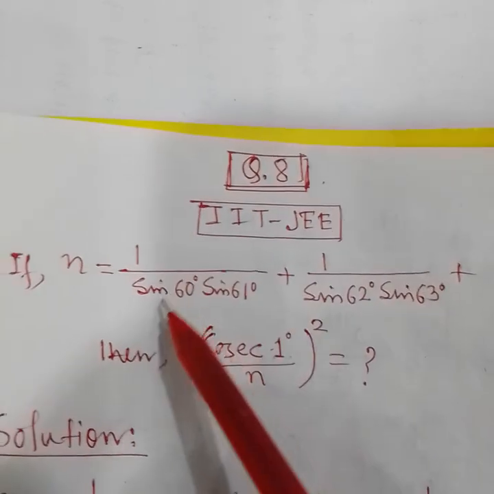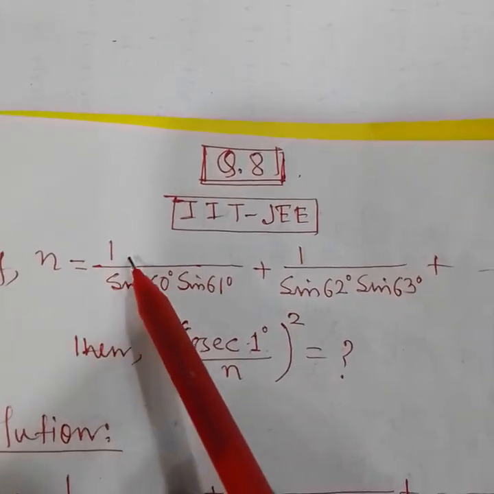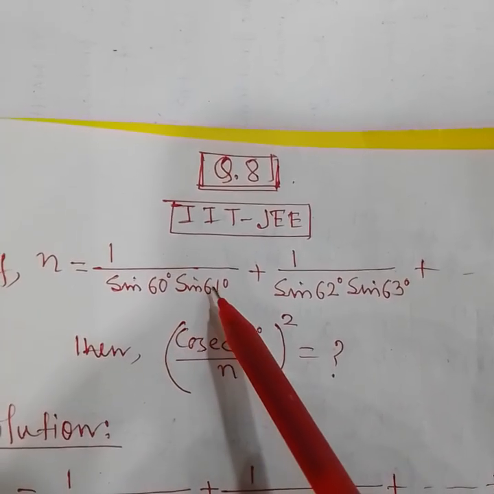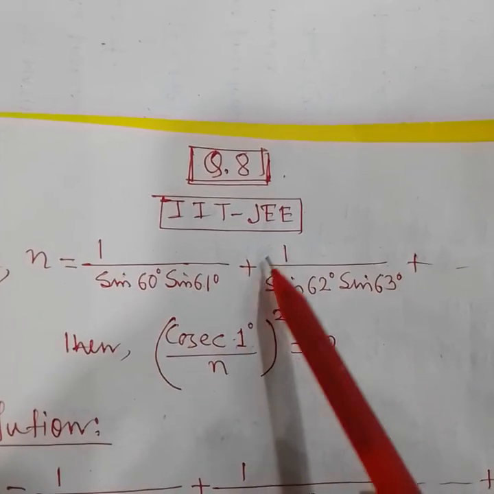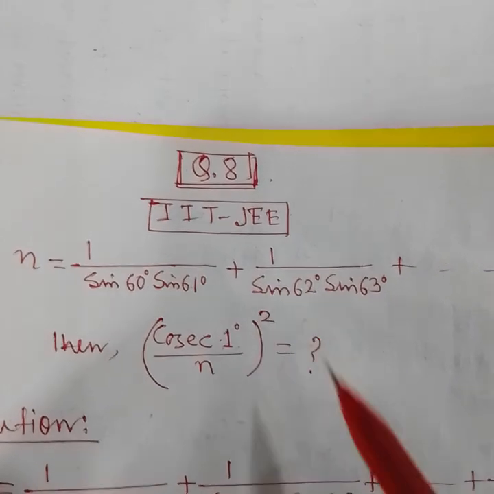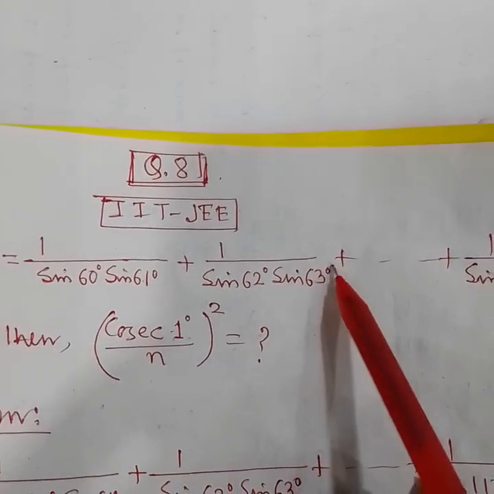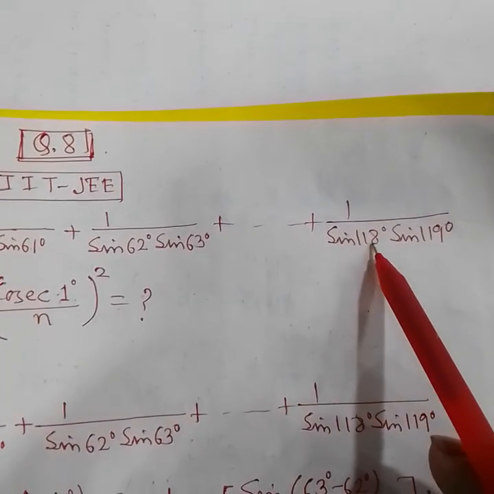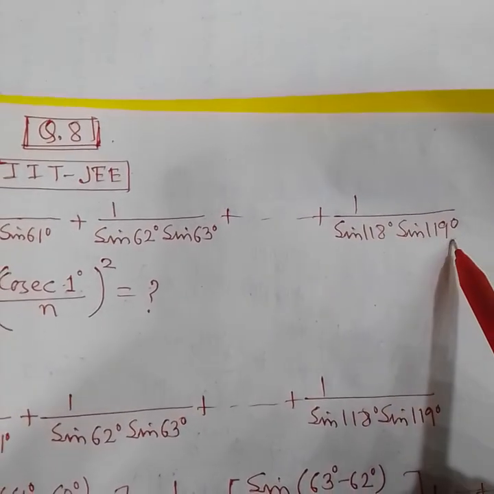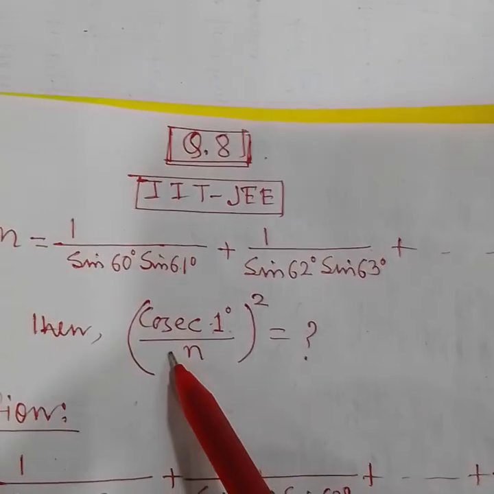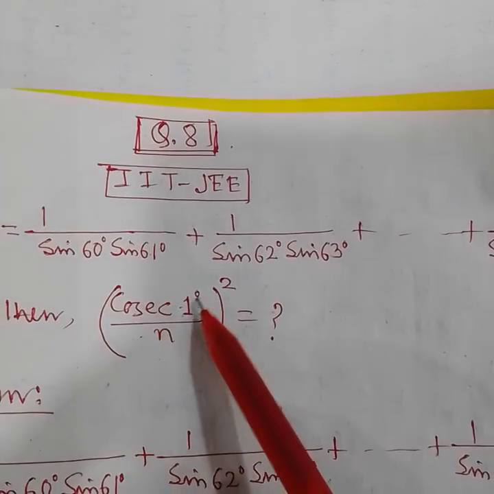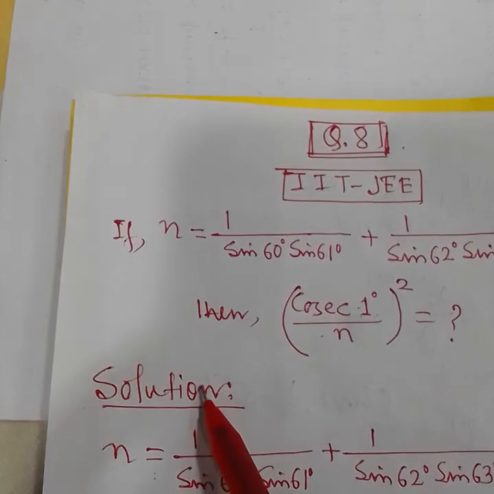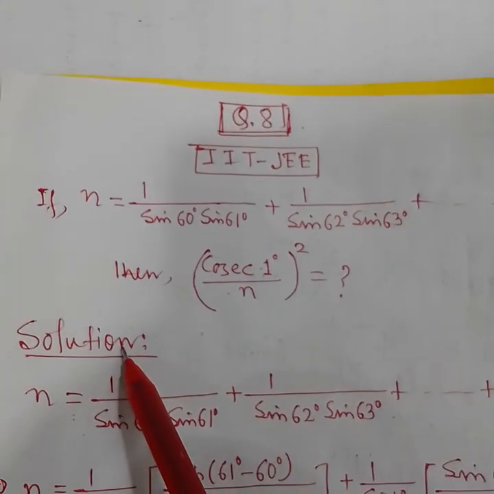If n equals 1 by sine 60 degree into sine 61 degree, plus 1 by sine 62 degree into sine 63 degree, plus dot up to 1 by sine 118 degree into sine 119 degree, then we have to find out the value of (cosec 1 degree by n) whole square equals to what? Let us now come to the solution directly.